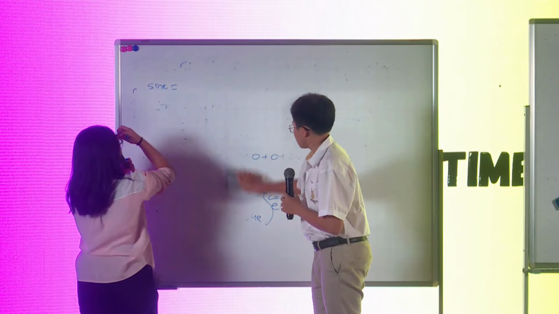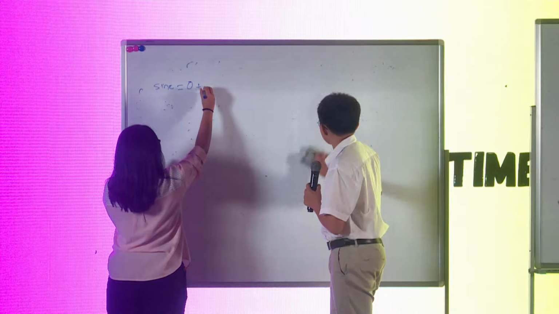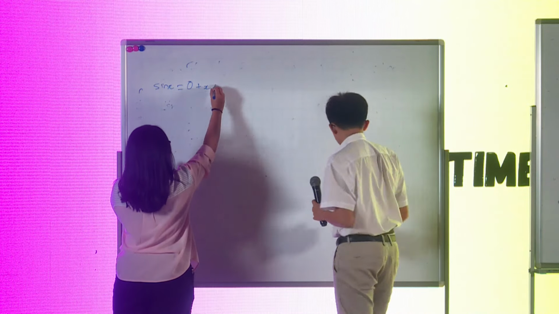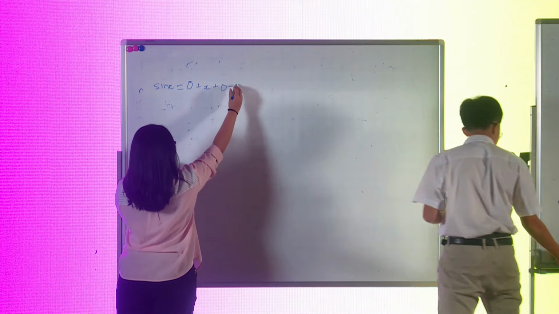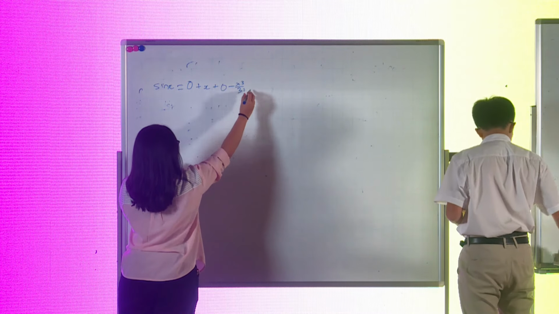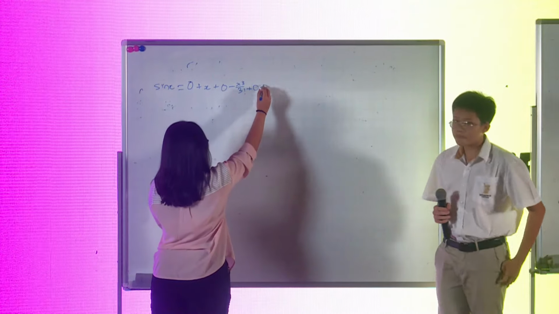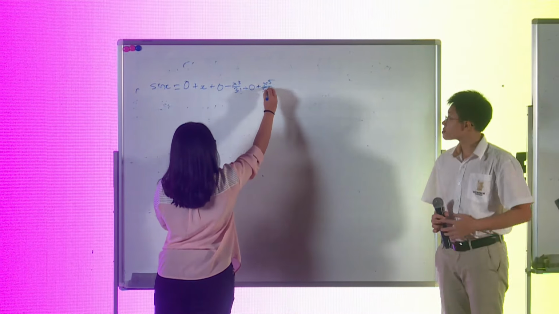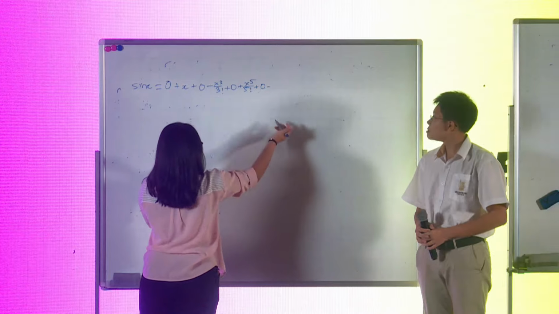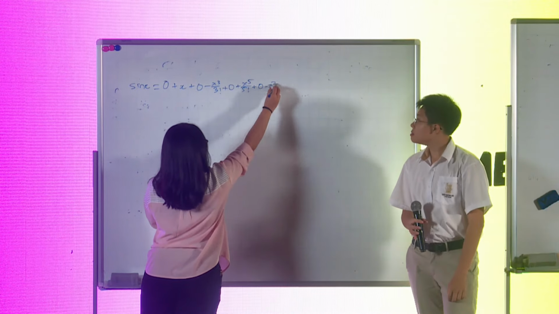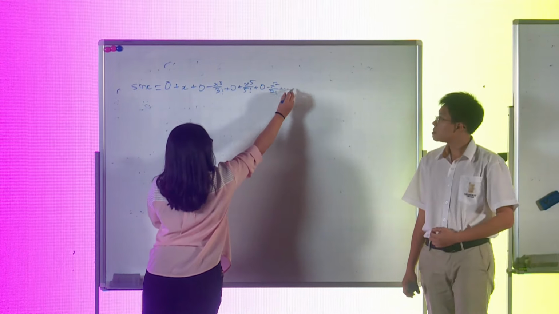it will go like this: 0 plus x, which is 1 times x, plus 0, then minus x cubed over 3 factorial, plus 0, and then following the pattern, the next term will be x to the power 5 over 5 factorial, and then it will be plus 0 minus x to the power 7 over 7 factorial.